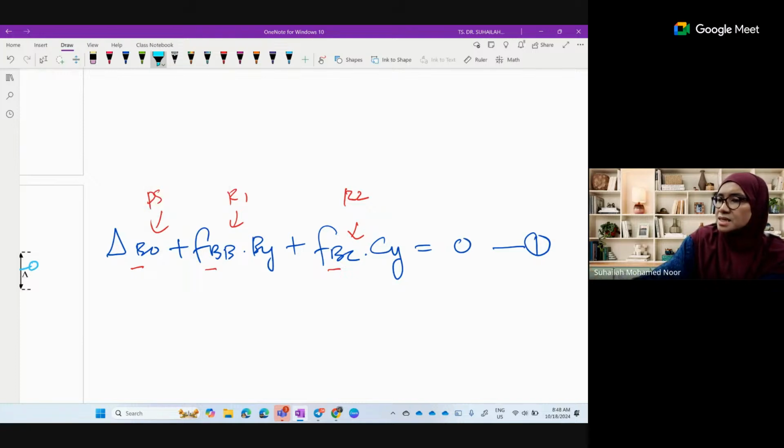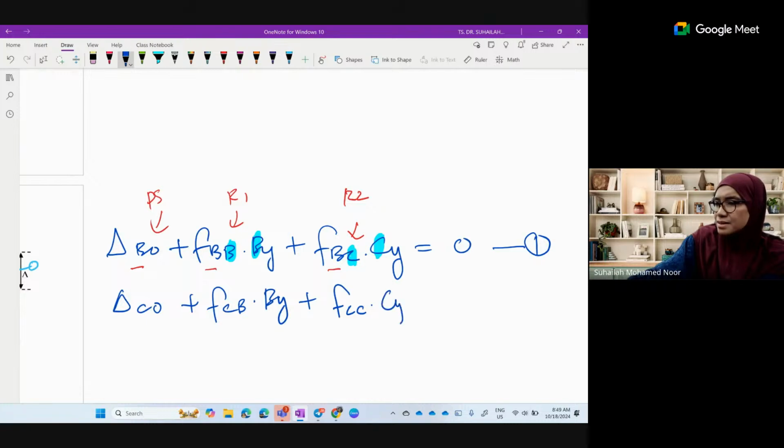Sini dengan sini dia bersambung kan? Okay, now we have delta C naught plus F position C, position C redundant BY. Nampak tak? Okay, plus F position C redundant CY, right? Nampak tak? Dia bersambung.